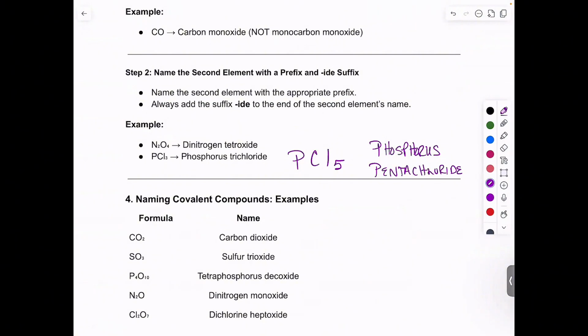So we have to designate the number of chloride atoms by that Latin prefix. Otherwise, we wouldn't know if we're dealing with PCl3 or PCl5 in our chemistry problems.